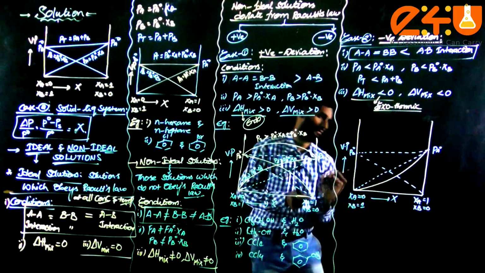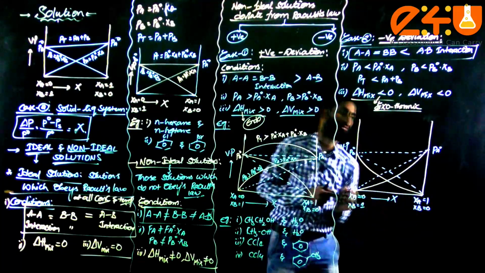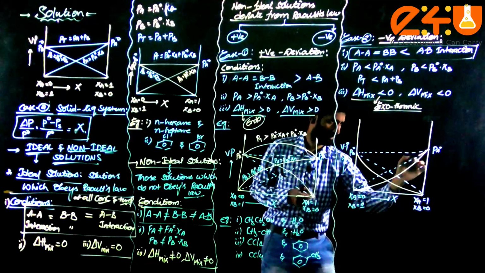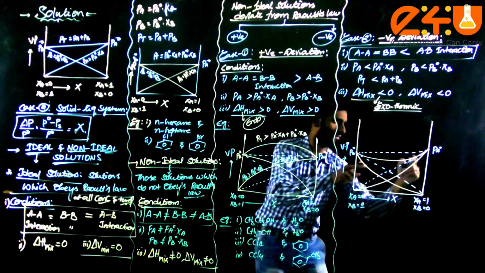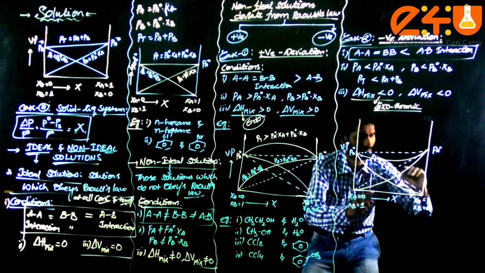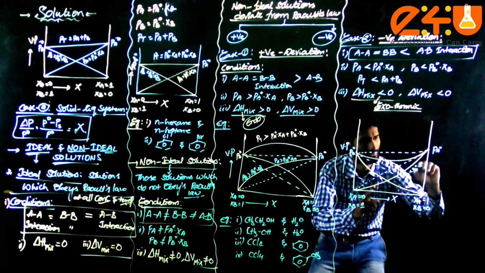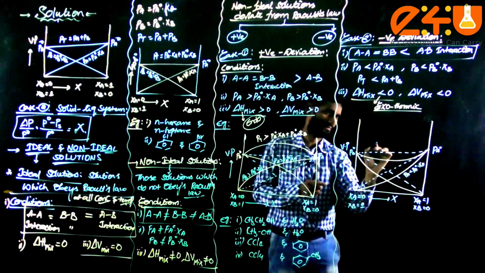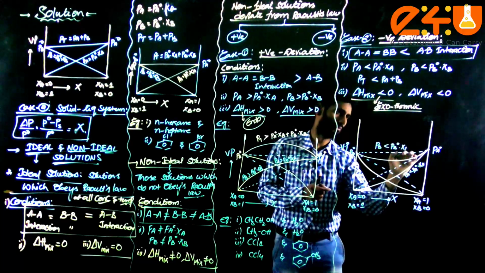Now I can write it, this is the PA curve, PA is less than PA naught into XA. I can take this as PB, which is less than PB naught into XB.